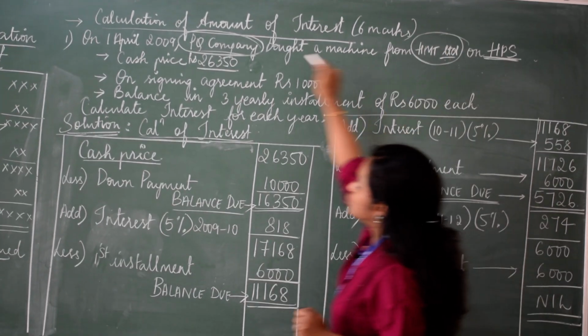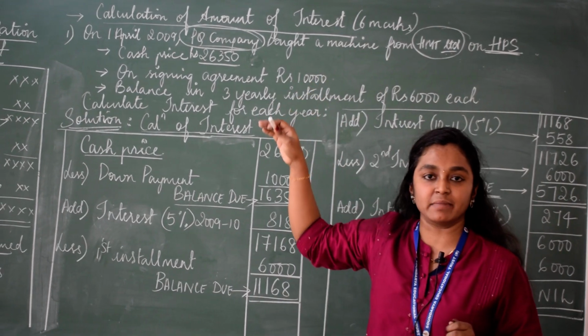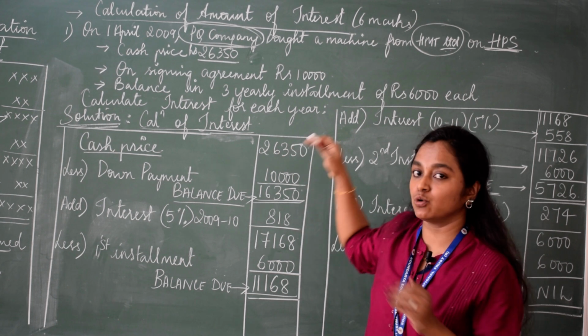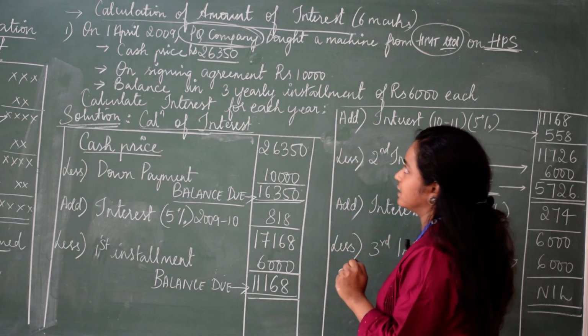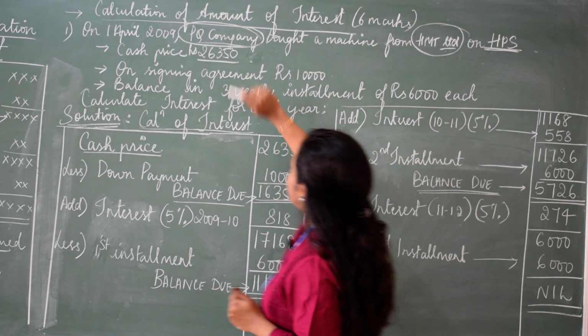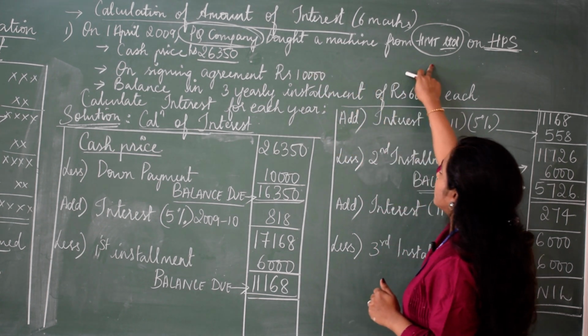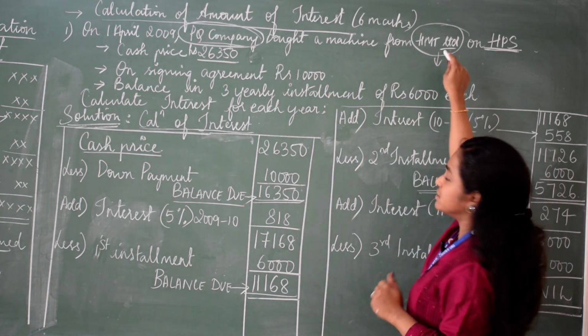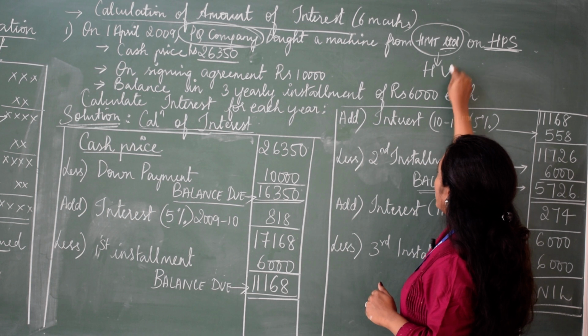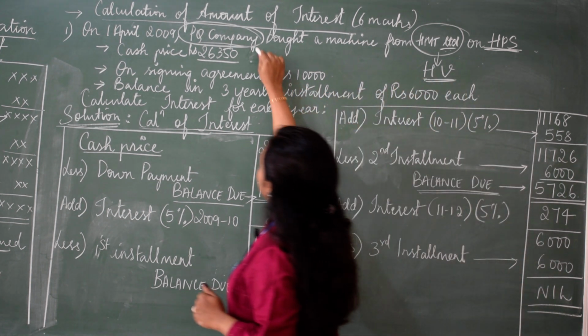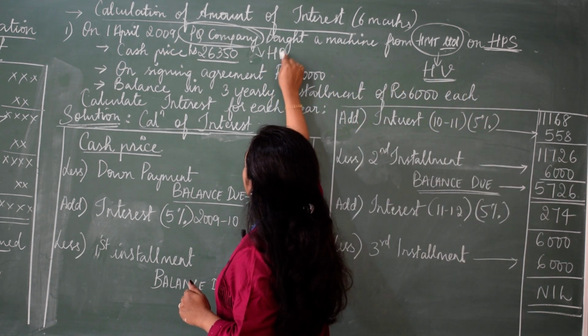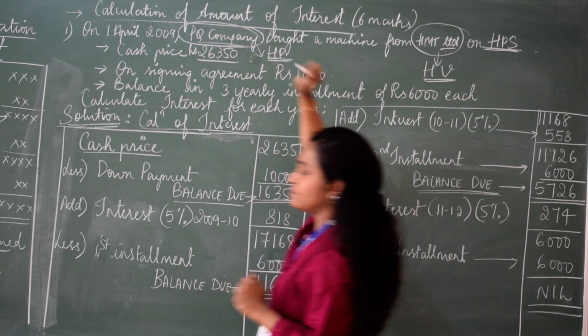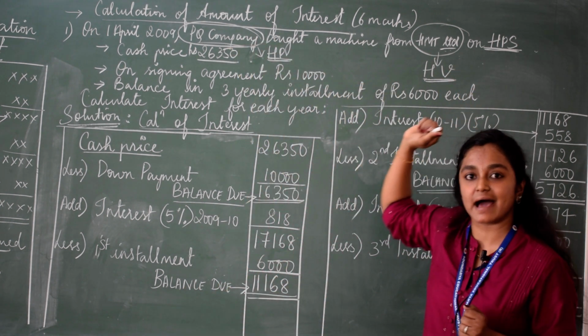These are the two parties involved in this agreement, and you have to be clear who is purchaser and who is vendor. PQ company is bringing the machinery from HMT Limited, so HMT Limited becomes hire vendor and PQ company becomes hire purchaser.